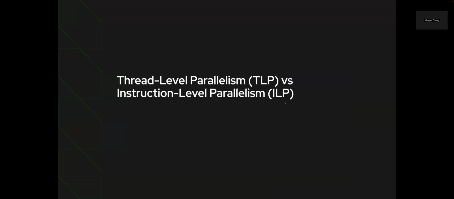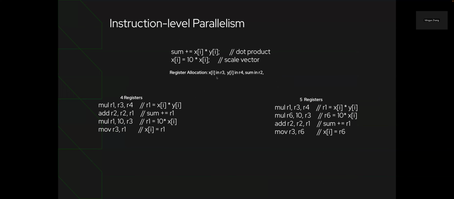And this brings in the idea that there's another parallelism beyond thread level parallelism that we are pretty accustomed to. It's called instruction level parallelism. This example will provide a sense of what instruction parallelism really is. For these two lines of code to execute, first we compute a sum of xi times yi, and then xi equals 10 times xi, scaling the x vector.